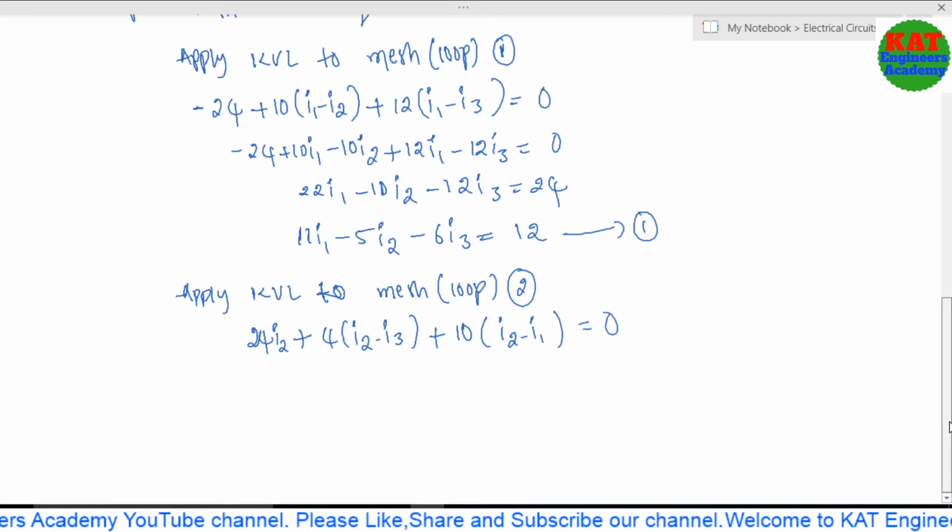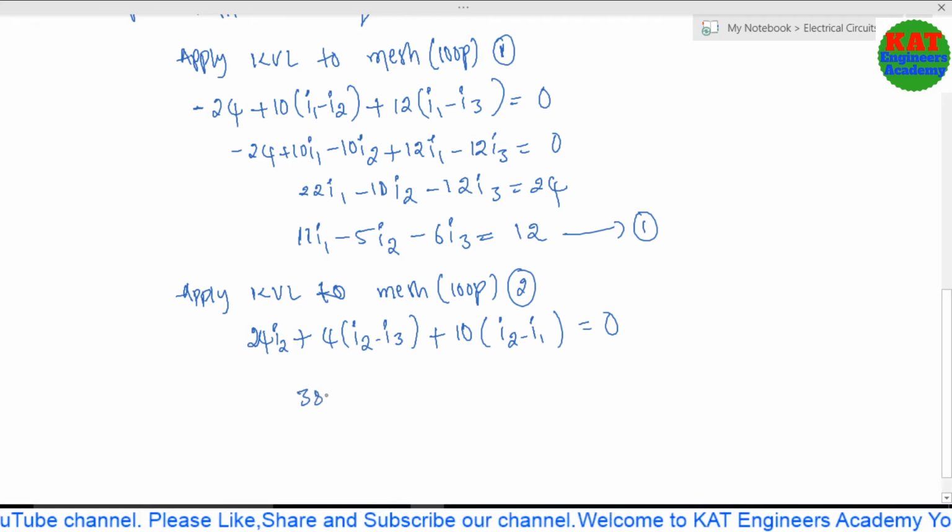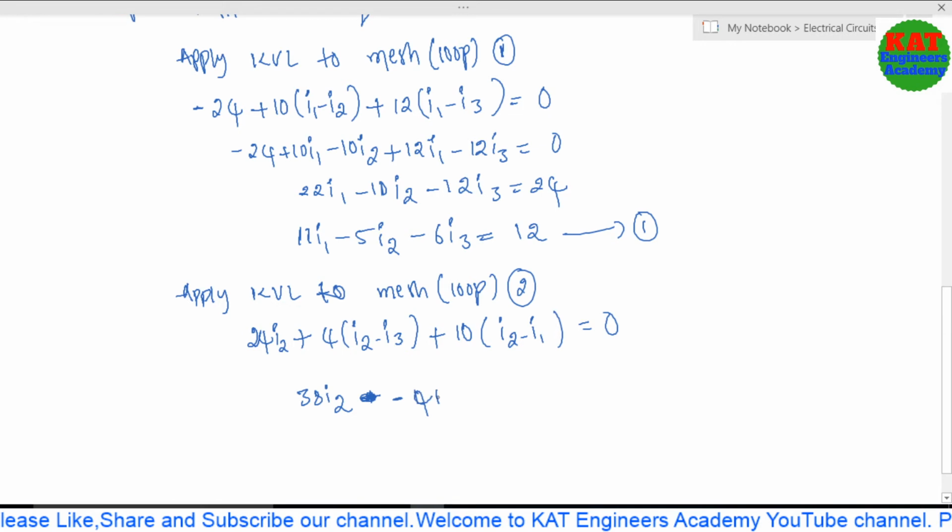Then you have to simplify this equation. So after simplifying, you get 4I2, 10I2, 14I2, 24I2, so finally we get 38 I2. Next, I3 is only one, so minus 4 I3.